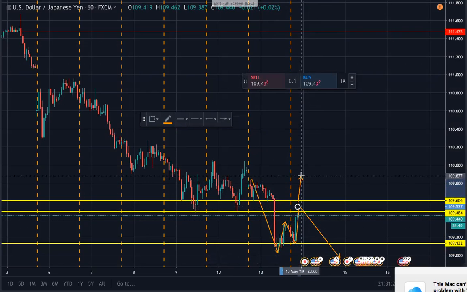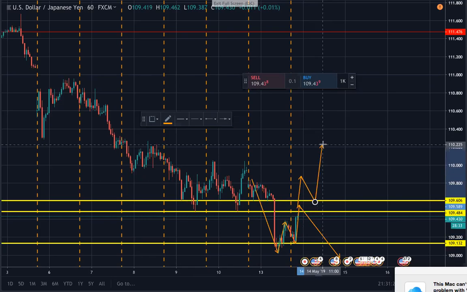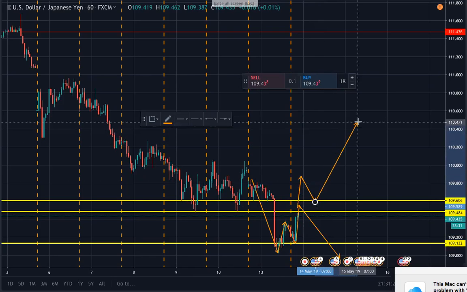But then more likely, when it goes up, it will come back down and check this zone and continue to go up. Maybe, you know what I'm saying? See how it looks like geometry. You're basically looking for different patterns and triangles and all types of stuff in these patterns.